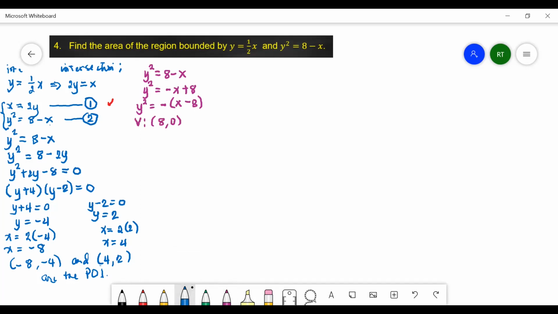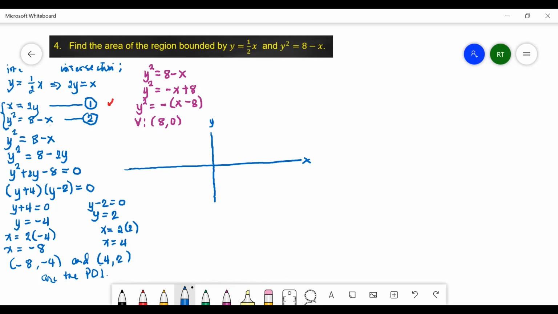Okay, so let us now draw the region. Let this be the y-axis, and let this be the x-axis.